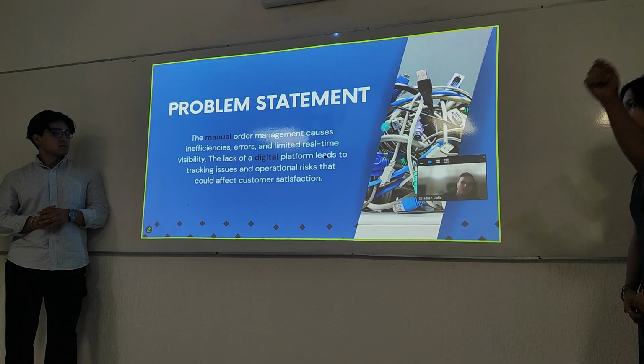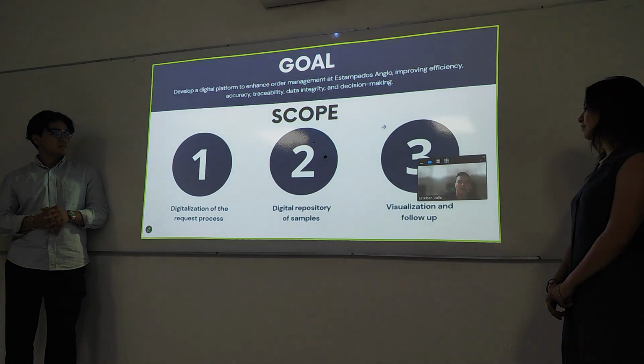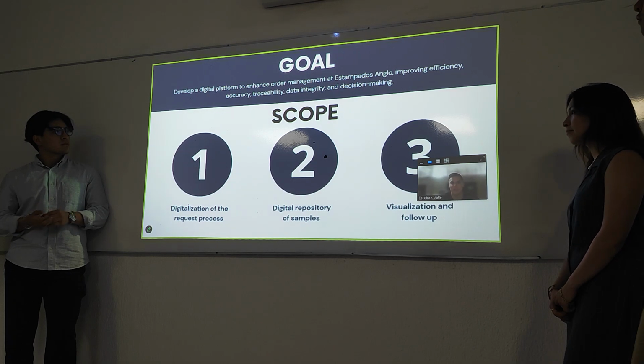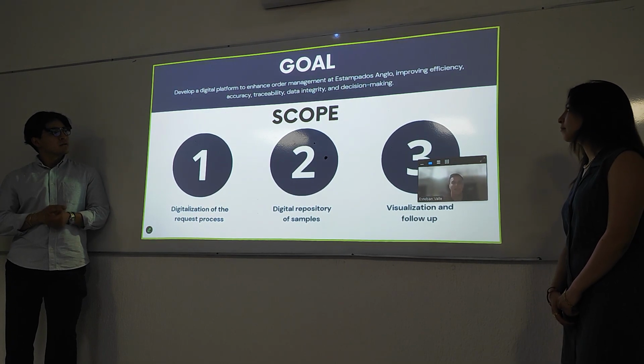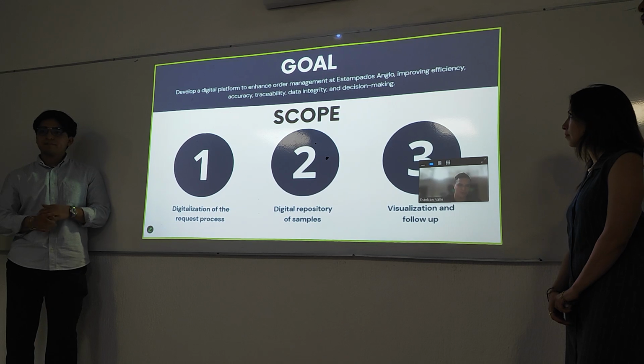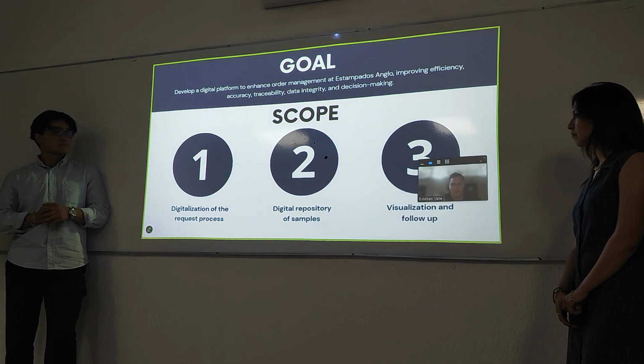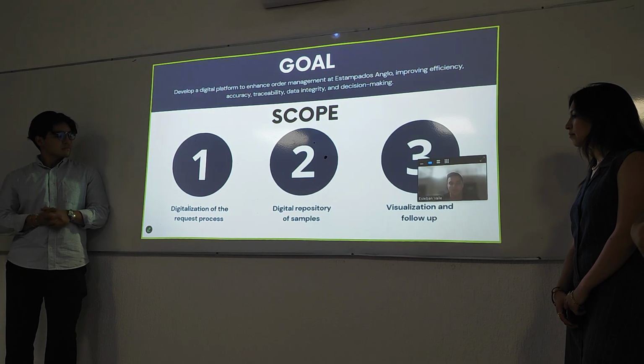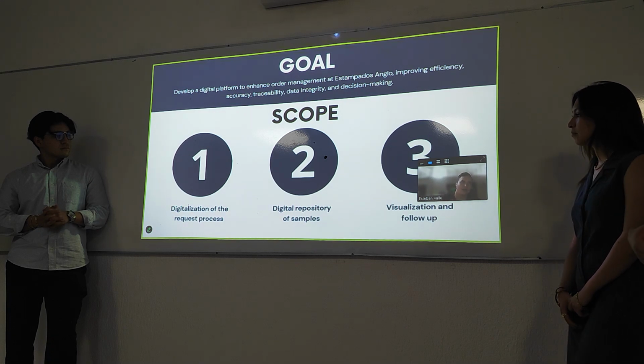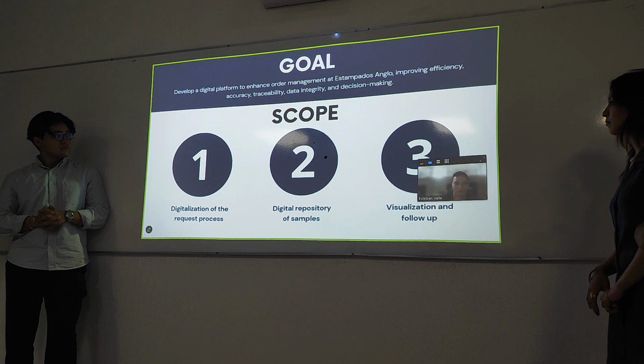Next slide. The goal was the development of a tool that helps us automate and reduce the manual operation in this process. One of the principal scopes was first to digitalize the process so the user can order through their own app, without needing to use a more formal way.